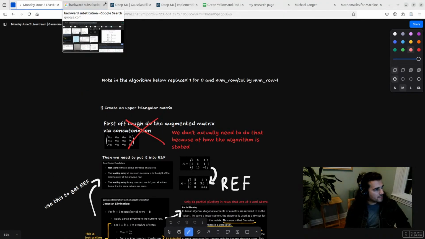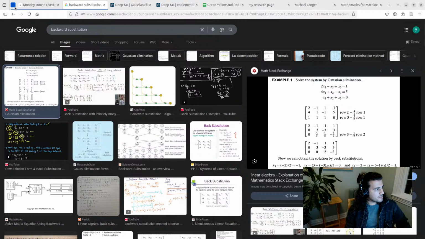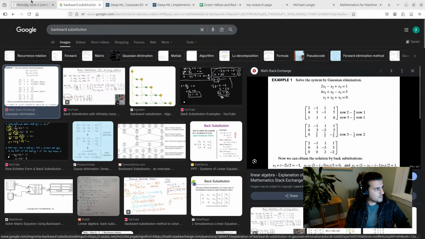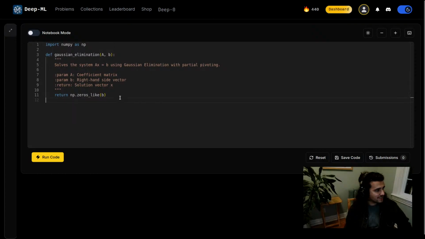Okay, perfect. So let's go. What's that? Okay. Oops. No, I wanted this. Okay. Perfect. So let's try to code it. So np0 like. Okay, so this is gonna be our solution vector x.